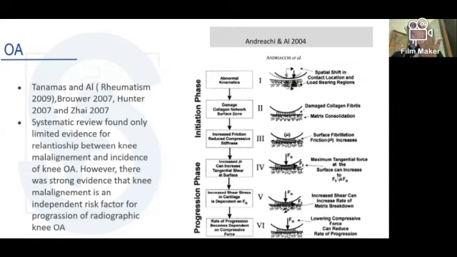Then when you have damage of the collagen network in the surface zone, you have an increased friction between these two surfaces with reduced compressive stiffness. Then the articular surface, the cartilage, will be thinner and it will be stiffer. And this can increase the tangential shear surfaces. The shear surfaces will be more important, and they increase the shear stress in the cartilage. Then you will have a high rate of progression.